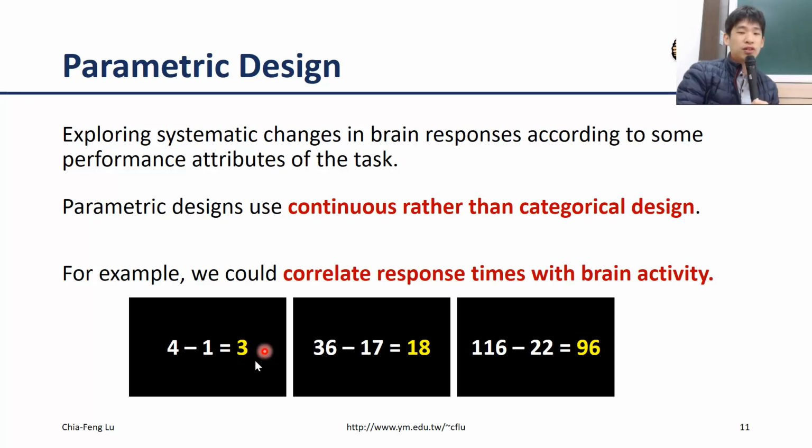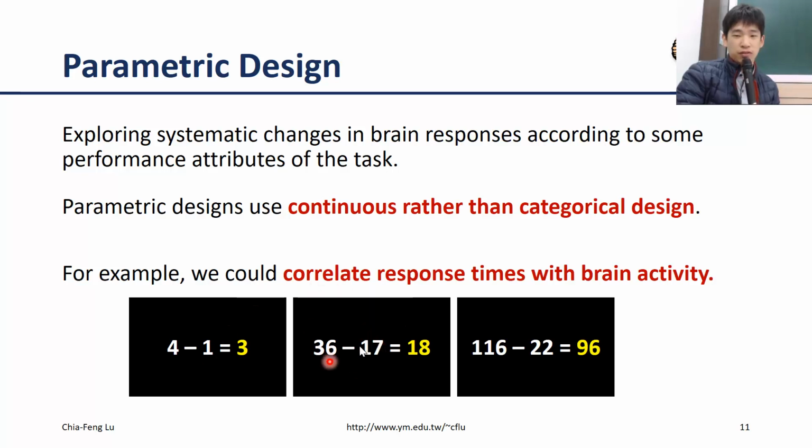When the equation is displayed on the screen, the subject is requested to determine whether the answer is correct or not. If this is the correct one, press the left button. If this is the wrong one, press the right button. This is the lowest load right here.